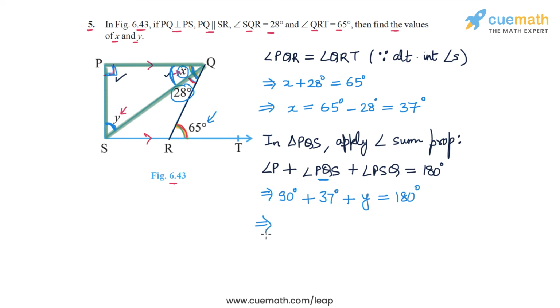So 90 plus 37 is 127. So Y is equal to 180 minus 127, which is equal to 53 degrees. So the answer to question 5 is that the value of X is 37 degrees and the value of Y is 53 degrees. And that solves question 5.